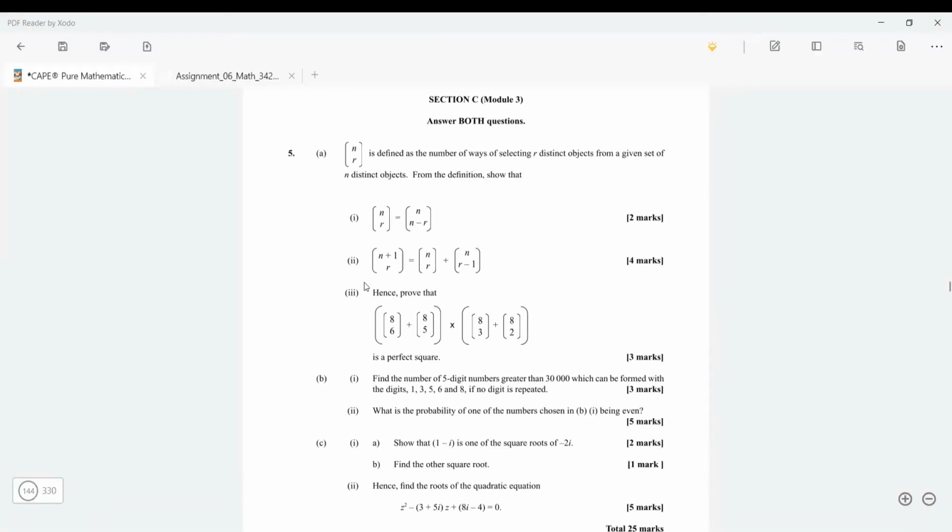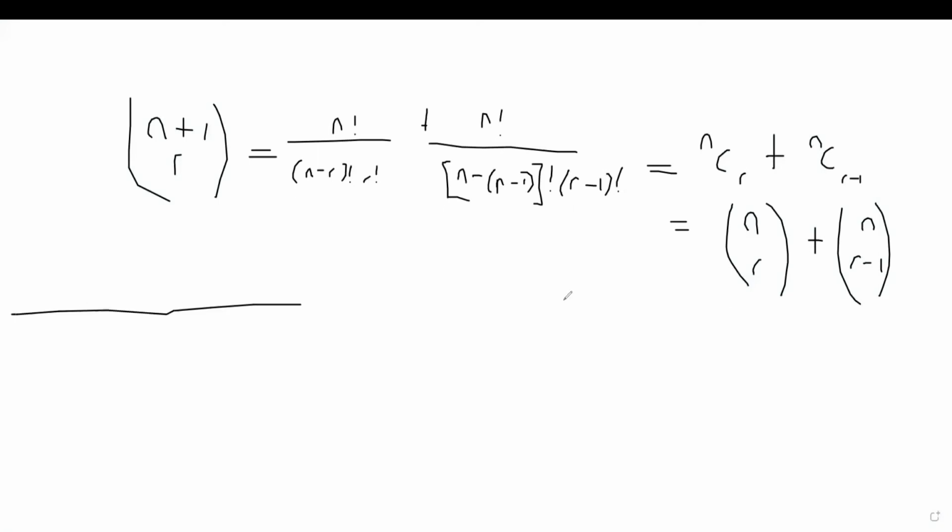Now part 3 says, hence prove that 8C6 plus 8C5 times 8C3 plus 8C2 is a perfect square. So we just need to show that it works out to be a perfect square. We have to do the second part down here.